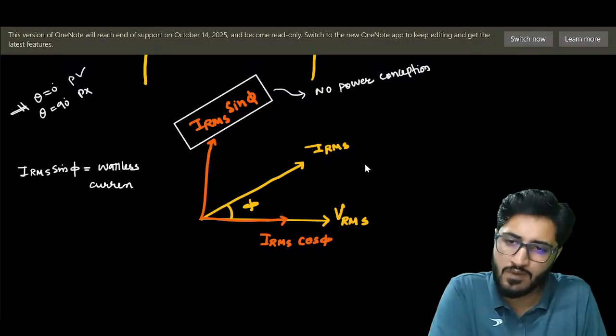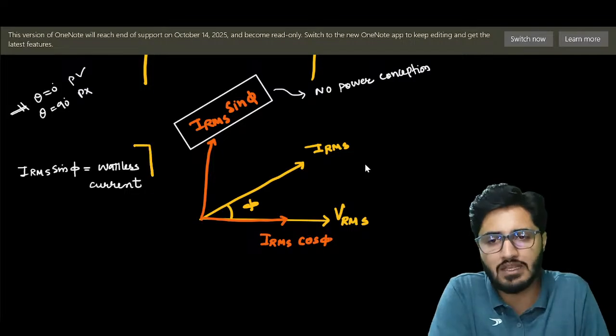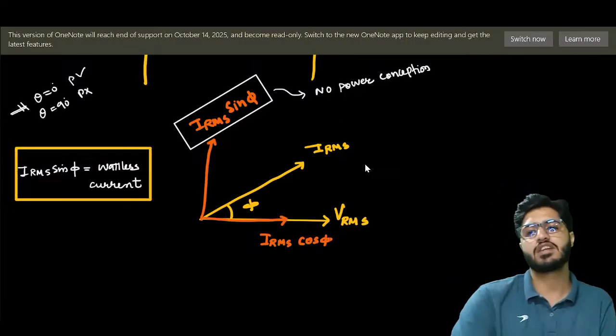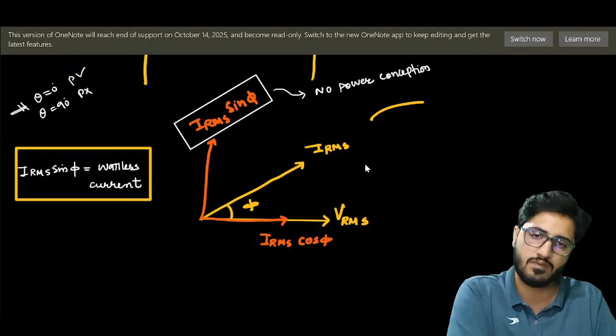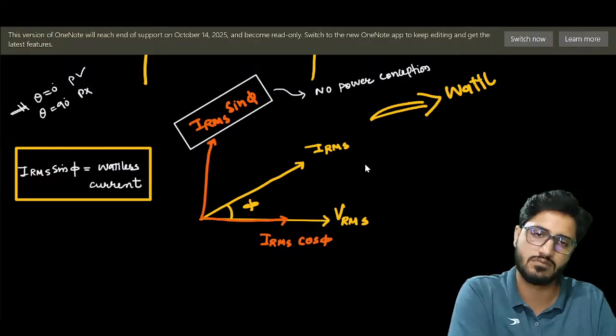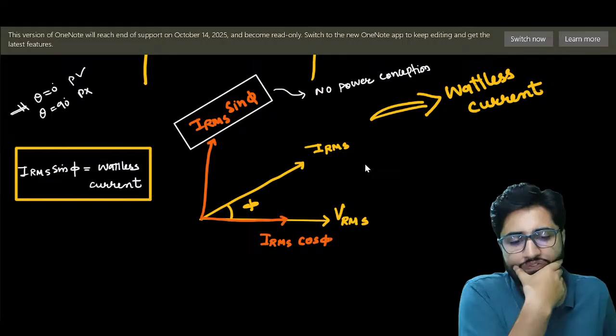So what is wattless current? Wattless current is that component of your IRMS which doesn't dissipate any power. Clear? So we are done with the wattless things also.